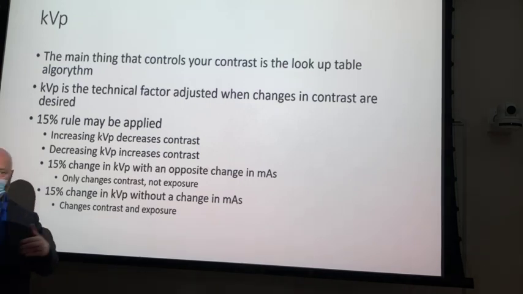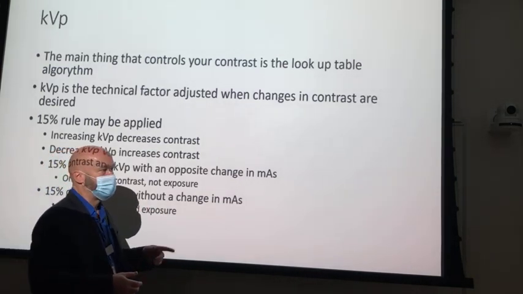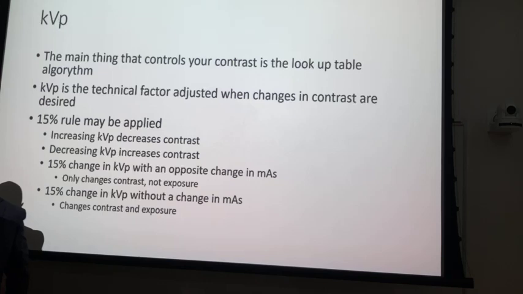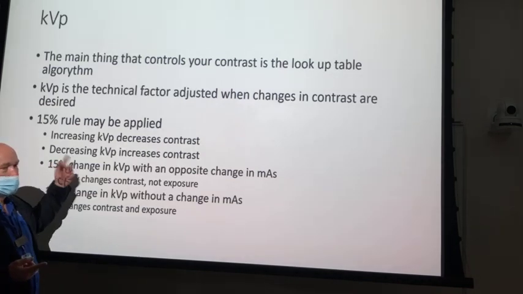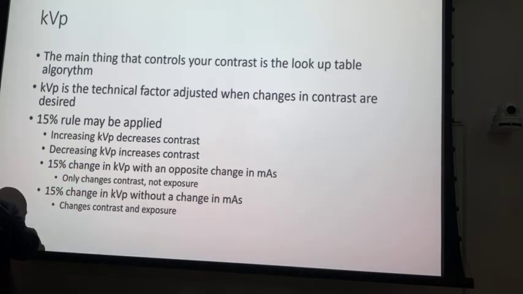This is the prelude for the questions I posted online. If you increase your kVp and that's the only thing you do, according to the mAs spectrum, what's going to happen to exposure to the patient? It goes up very dramatically. A 15% increase in kVp equates to how much of a change in mAs? A factor of 2.